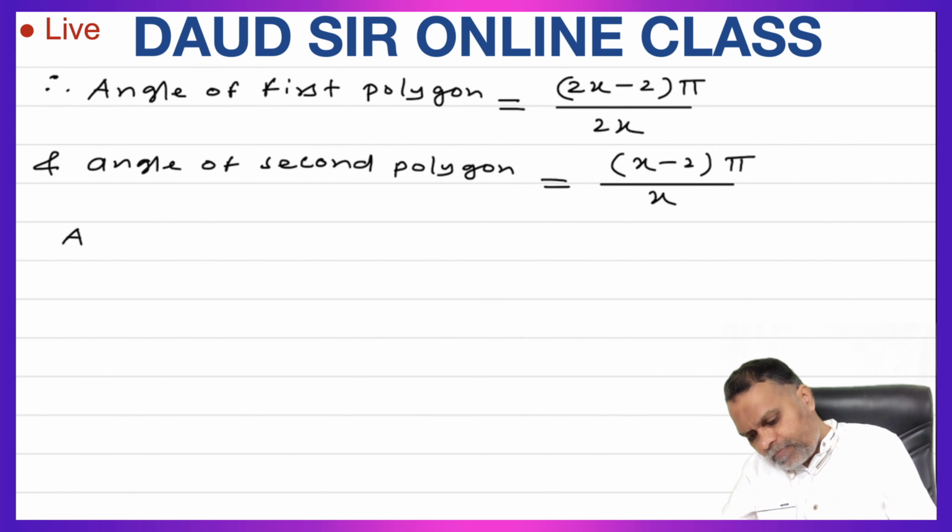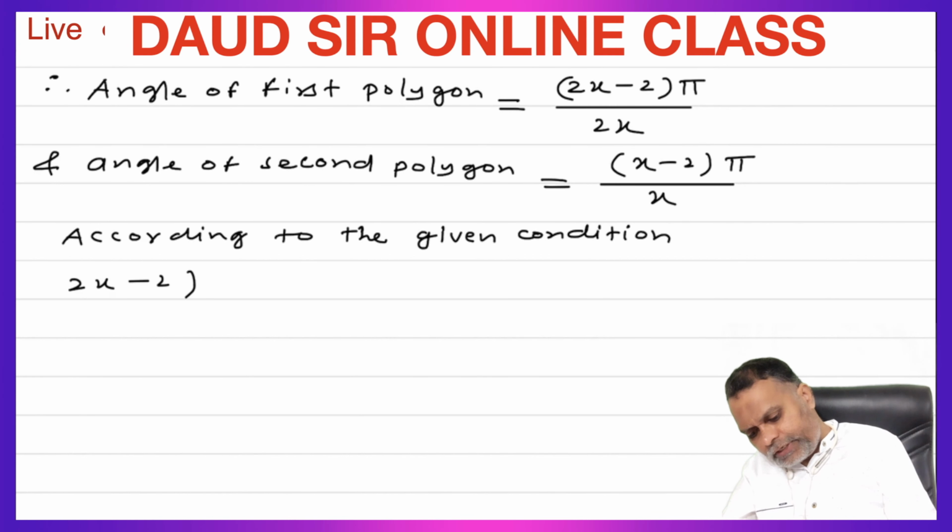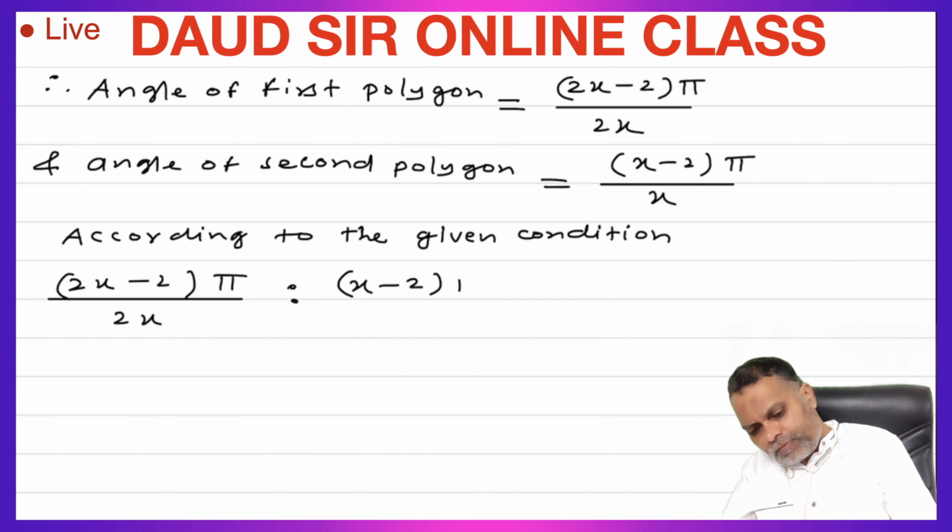So according to the given condition, (2x minus 2) into pi upon 2x is to (x minus 2) pi upon x is equal to 3 is to 2.